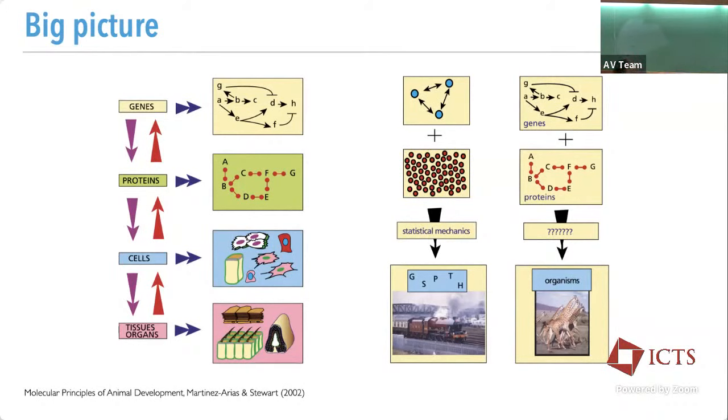We can push it up and switch off the presentation as well. Is this visible, everybody?